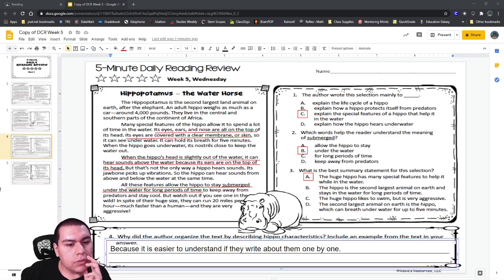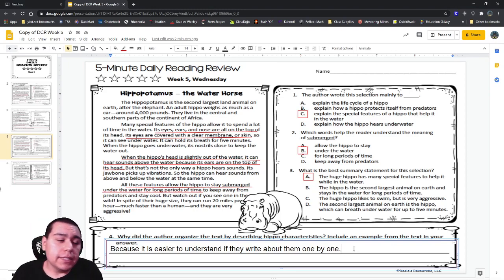Move those to where what answer you need them to be on. Move the second one. Okay.